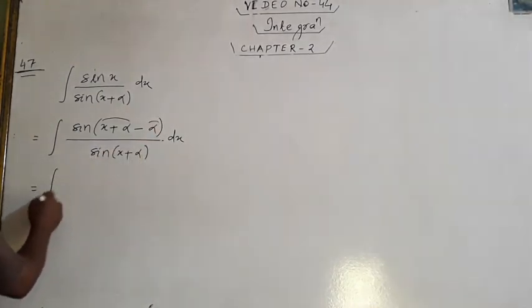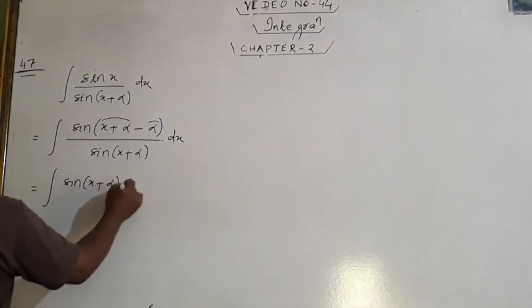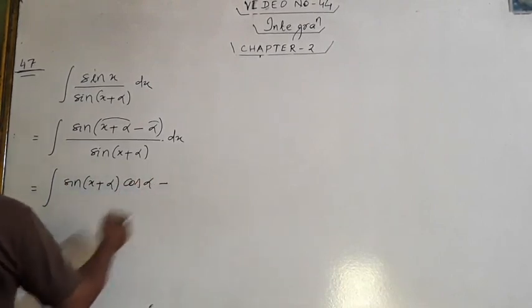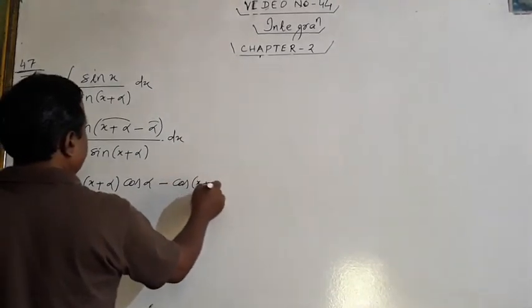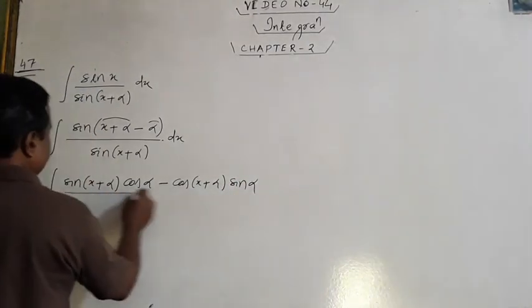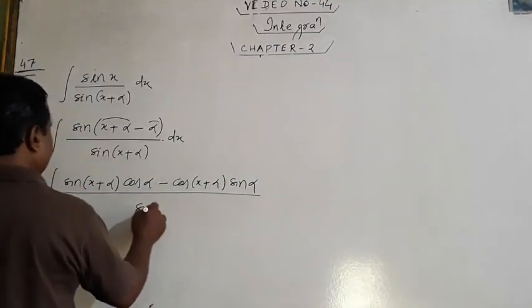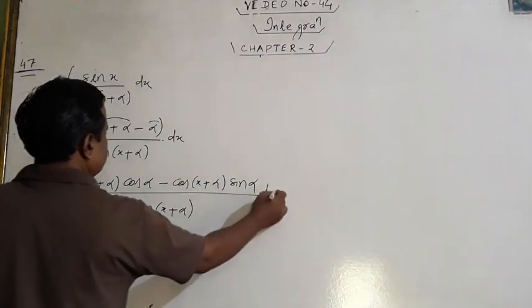What is sin a minus b? It is sin a cos b minus cos a sin b by sin x plus alpha whole into dx.